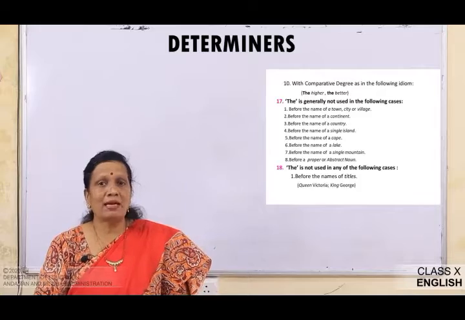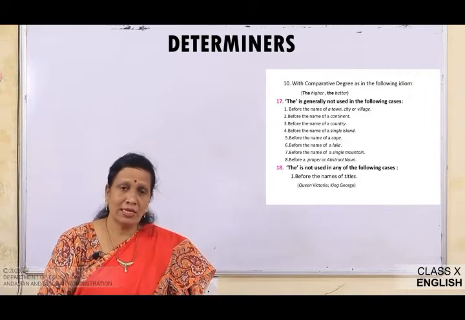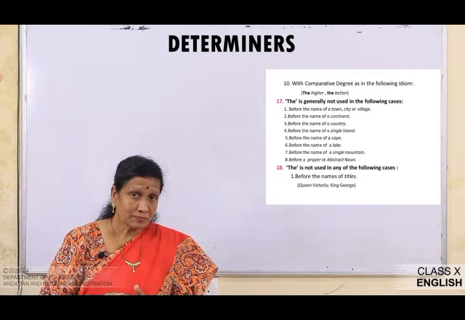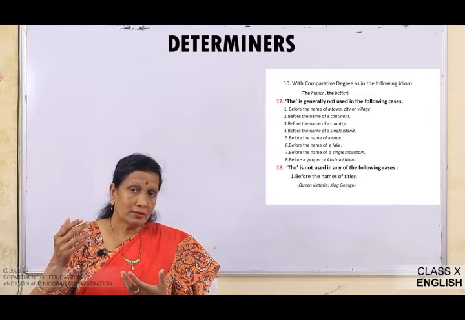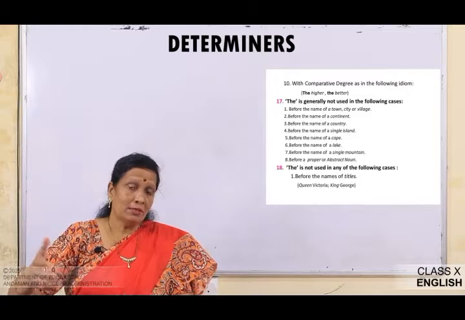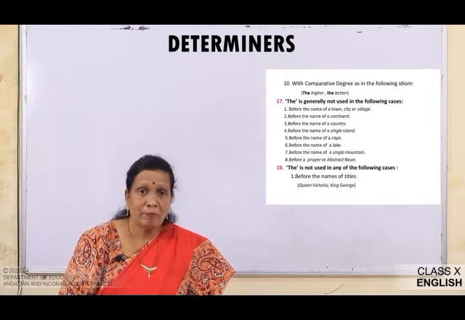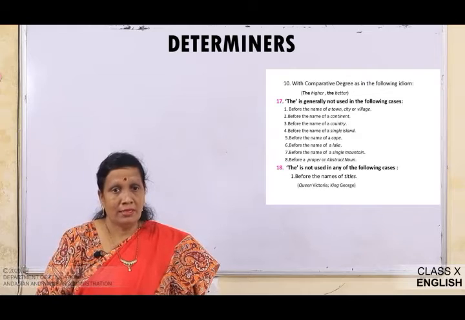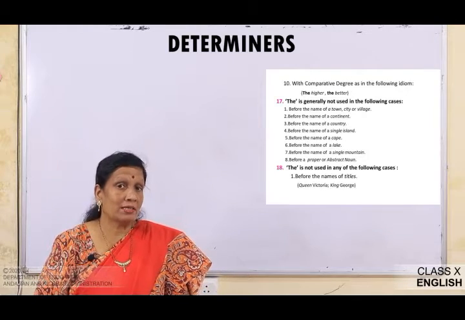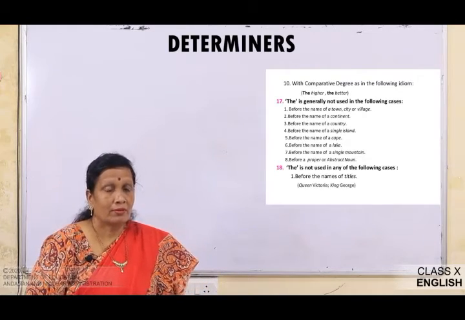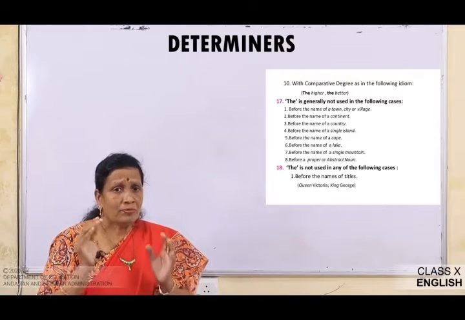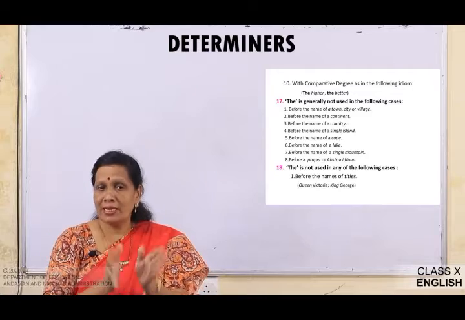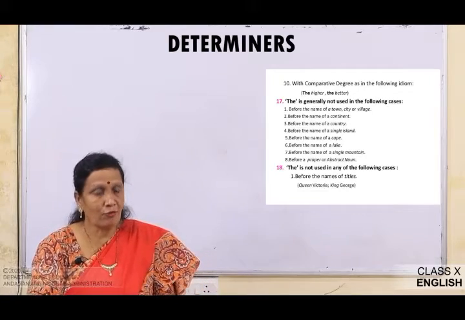Now with comparative degrees as in the following idiom, the higher, the better, okay. The higher you climb, the colder you feel, okay. So, when we compare in certain cases with the comparative degree, okay, then the is used. The is not used in the following cases. You have to be very careful.